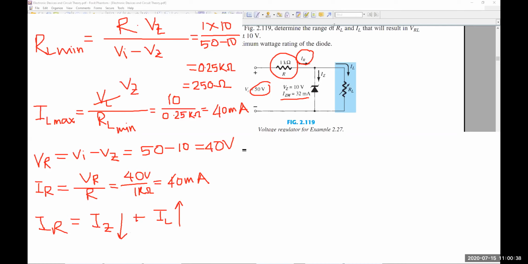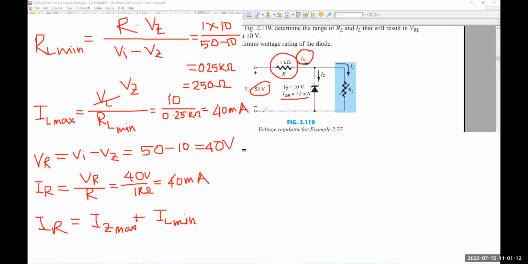Or in other way, if this goes down, this definitely goes up, because this value is fixed. We already found out the maximum one, right? We do not have to find out any anymore. We have to find out the minimum. So if this value is minimum, definitely this value is maximum. Understand?